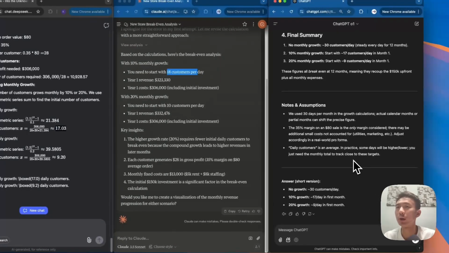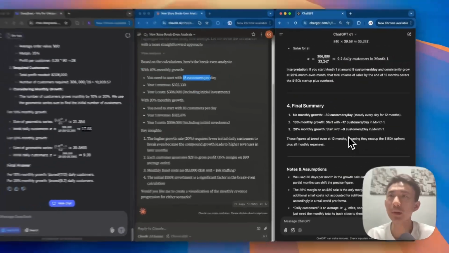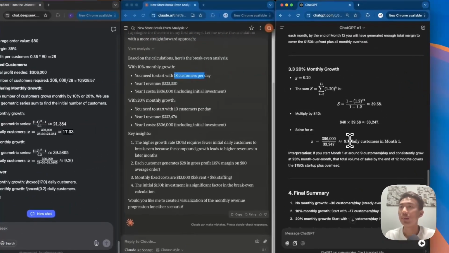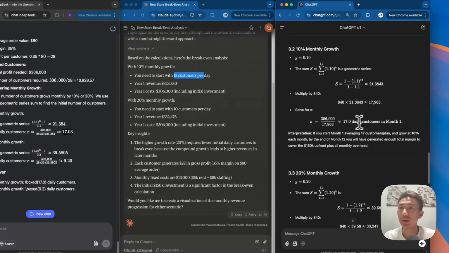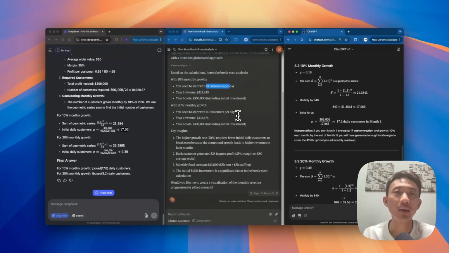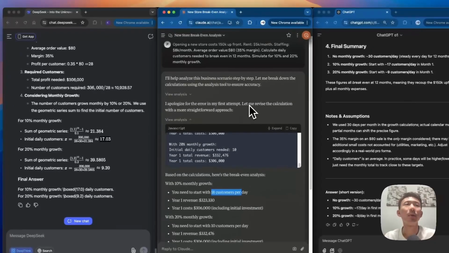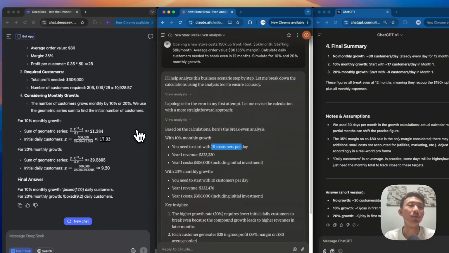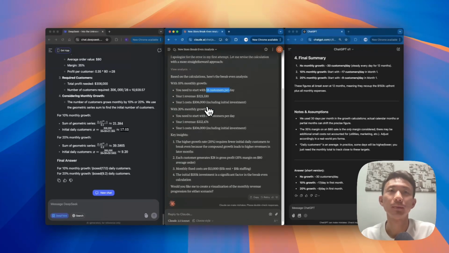It's the same for GPT-o1, just rounding up from 9.2 and rounding up from this number. So the answer of all of them are the same. I mean, they are correct, but in terms of simplicity and accuracy, I would give the credit to Claude.